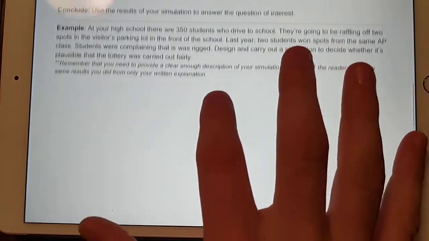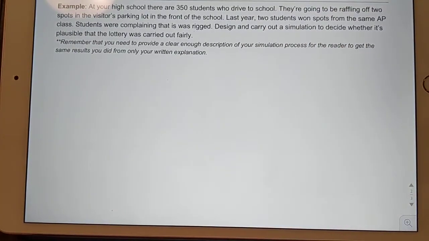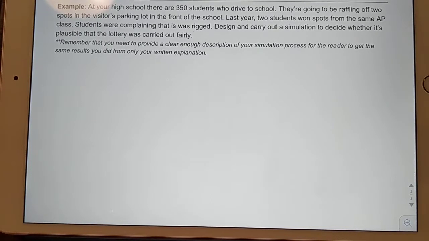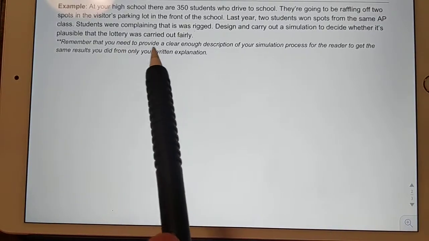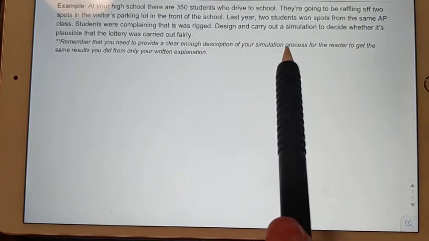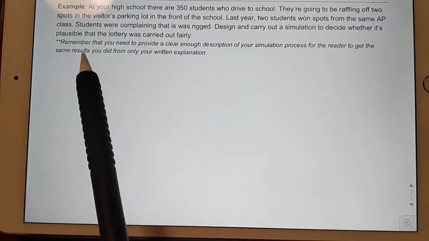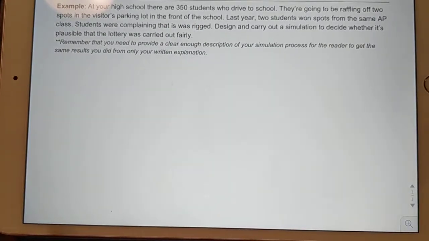So in the example here, at your high school, there are 350 students who drive to school. They are going to be raffling off 2 spots in the visitors' parking lot in the front of the school. Last year, 2 students won spots from the same AP class. Students were complaining that it was rigged. Design and carry out a simulation to decide whether it was plausible the lottery was carried out fairly. Remember that you need to provide a clear enough description of your simulation process for the reader to get the same results you did from only your written explanation.